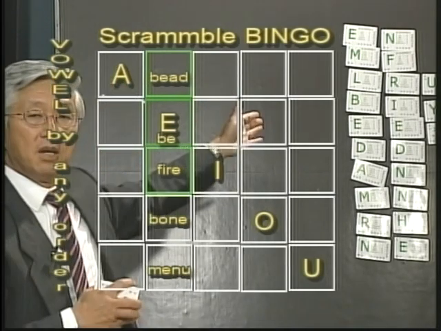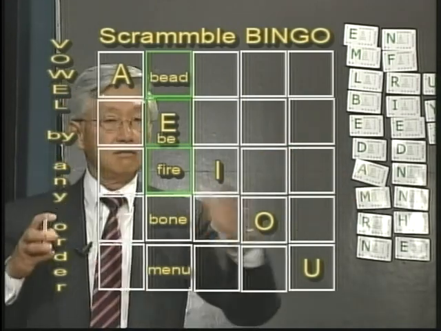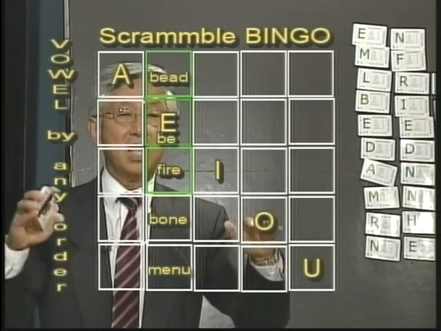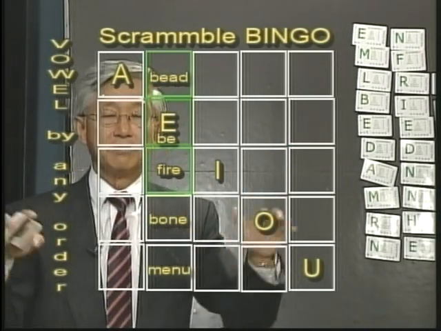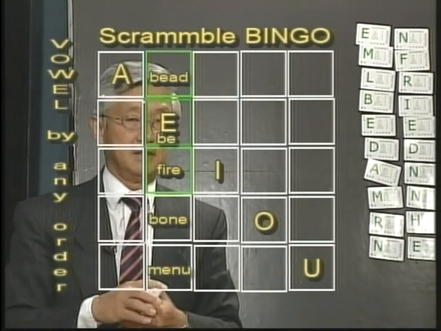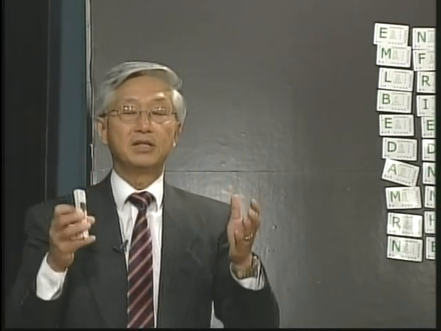You have minimum 2-letter words. Maybe the teacher says, oh, next game we'll make it minimum 3-letter words and 4-letter words. Now, I bet you, if you make a minimum 4-letter word, the game could be even more challenging for the teacher, right? So, this is pretty much the fundamentals of how Scramble Bingo is played.